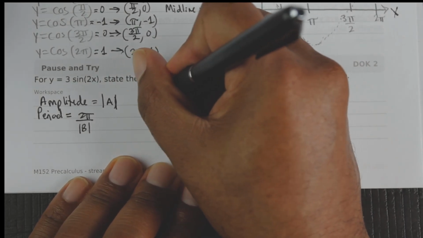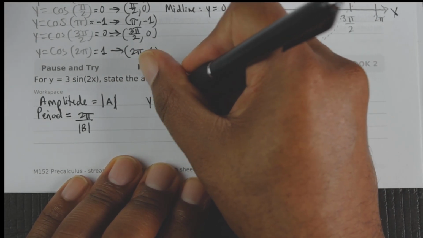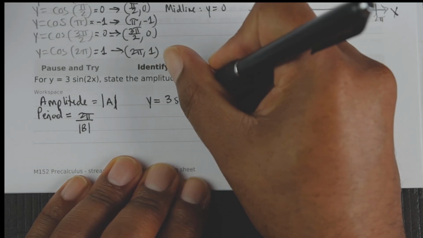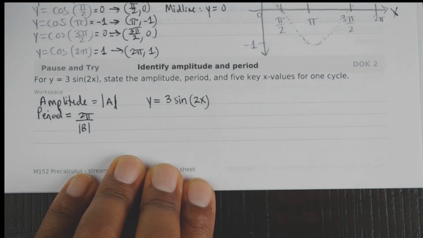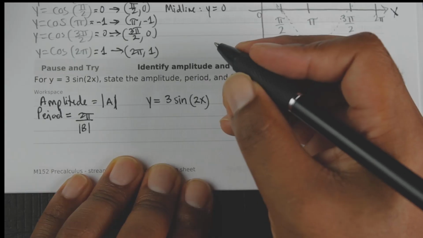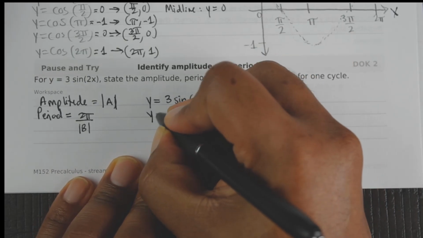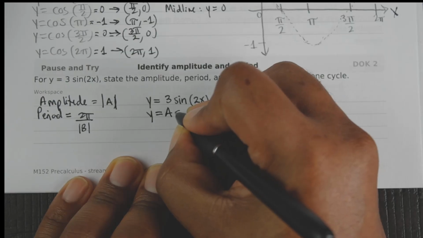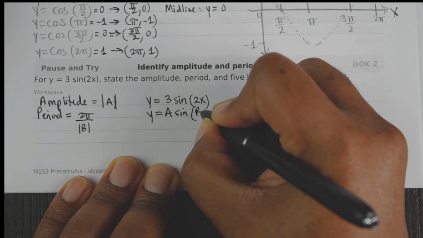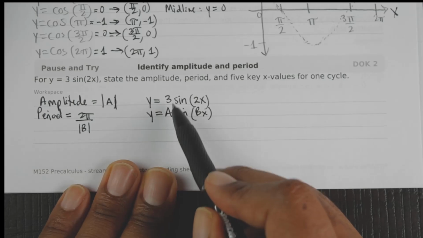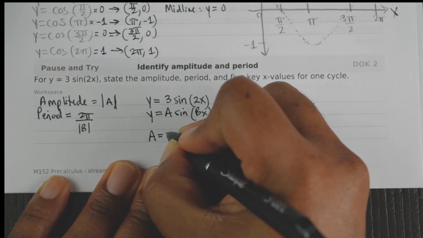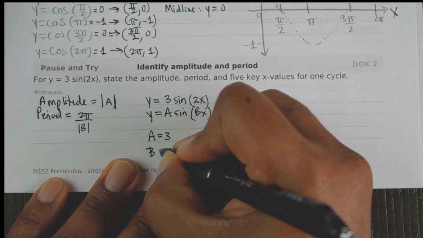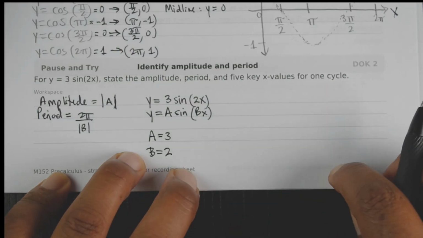The equation is y is equal to 3 sine parentheses 2x. If we compare this to a sine parentheses bx, this tells me what my a is, this tells me what my b is. So a is equal to 3 and b is equal to 2.